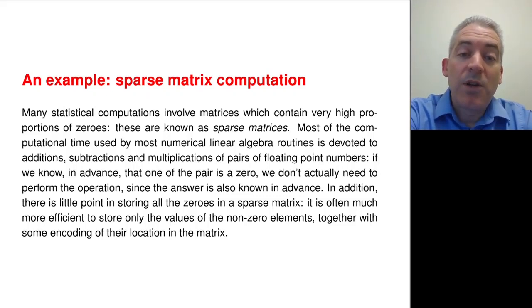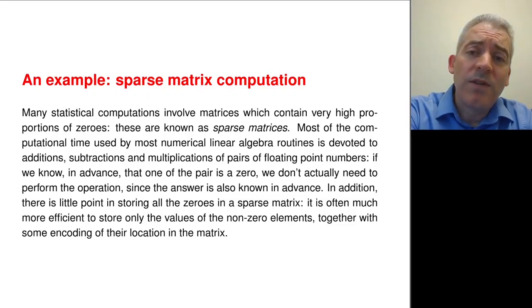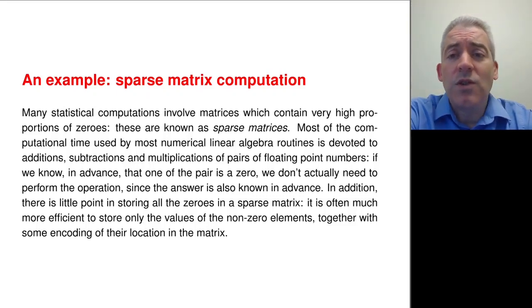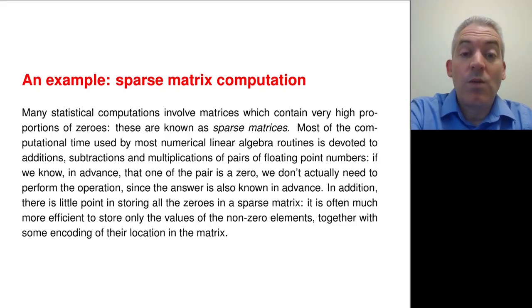If your matrix is mainly zeros, you can just store the non-zero elements, and do the computations on the non-zero elements. As long as you keep track of where the elements are and what elements you're going to get in your result, then working with sparse matrices can be much faster, much more efficient, involve much less storage, and that really increases the scale of problem that you can potentially work with.